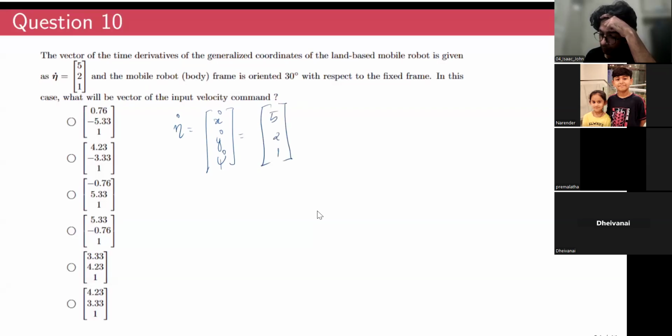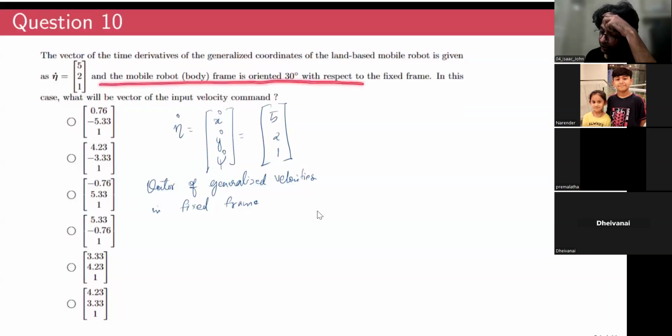I'll write it here, the vector of generalized velocities in the fixed frame. And what else is given in the question? The mobile robot frame is oriented 30 degrees with respect to the fixed frame, right?